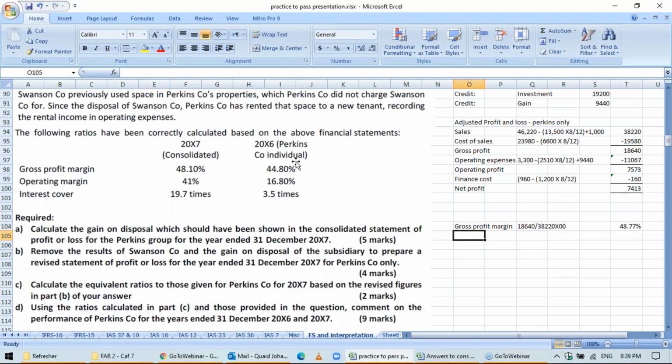So if you compare with this, okay, let's do the comparison afterwards. Let's calculate the ratios first.